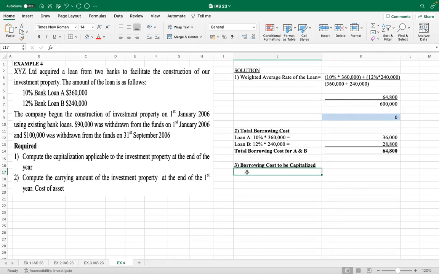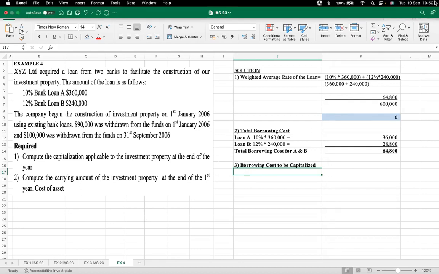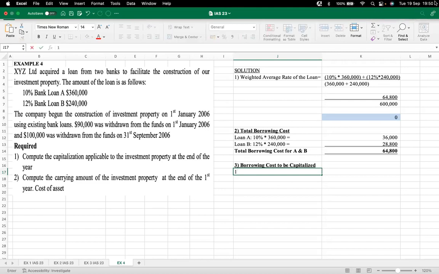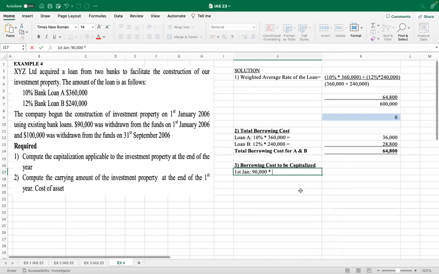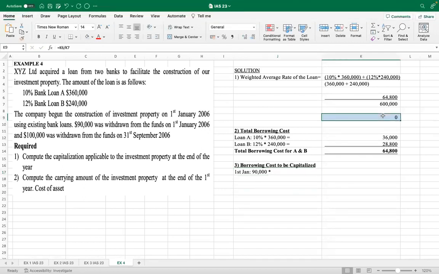So from 1st January, the amount withdrawn was 90,000. And then the average interest rate. What have I done here?